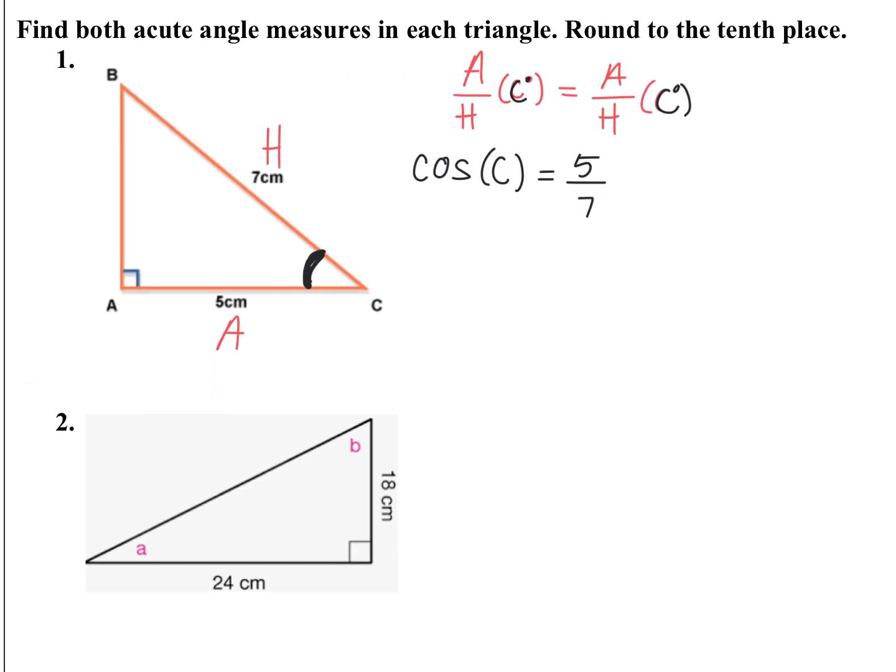So if I have regular cosine, then I will do literally the cosine inverse to both sides, just like you subtracted to both sides a second ago. If I do cosine inverse to both sides, look back at what you just had.